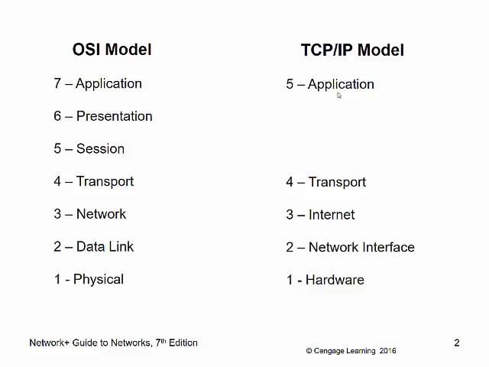Well, what application am I using if I'm using a web browser? Probably HTTP or HTTPS. So right here, it's going to get wrapped with header and footer information from HTTP. It could be things like formatting, it could be encryption, whatever. Then it gets handed down the stack to the next layer.